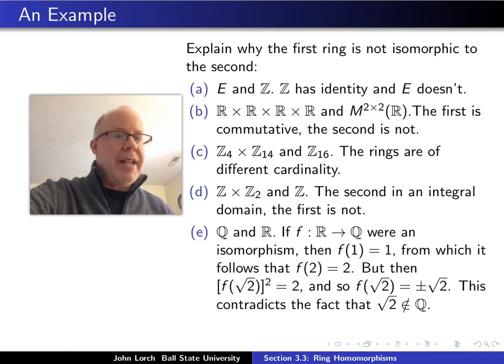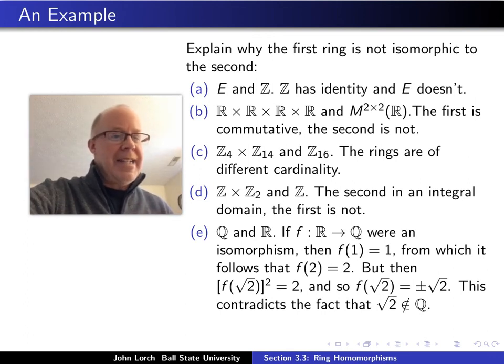Then if you apply the additive property of isomorphisms, that tells us that F of 2 is F of 1 plus 1, which is F of 1 plus F of 1, which is 1 plus 1, which is again 2.